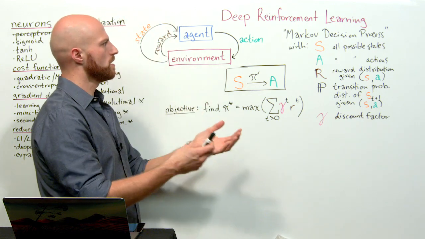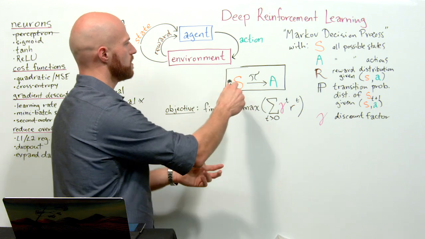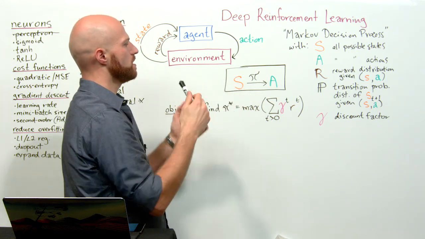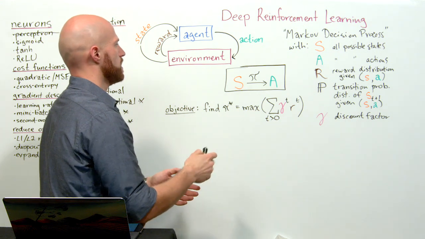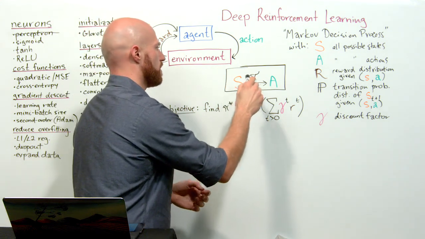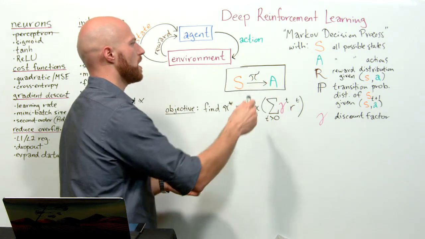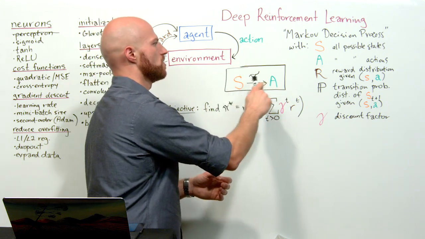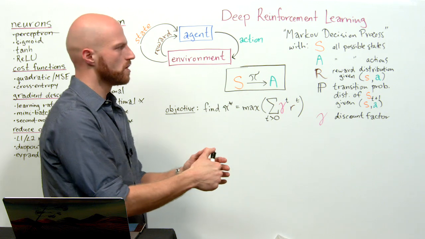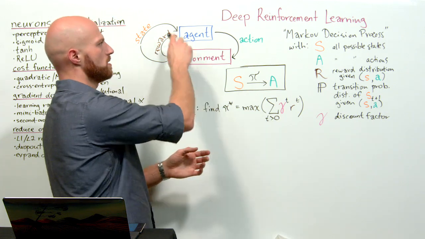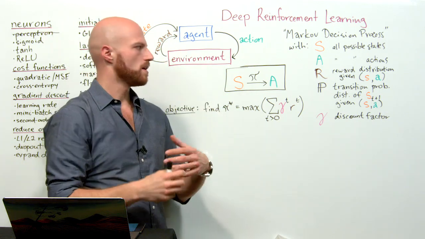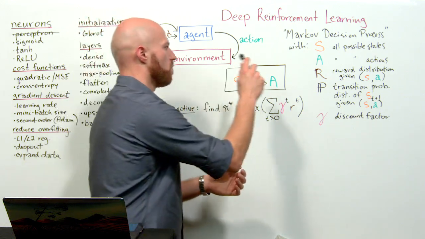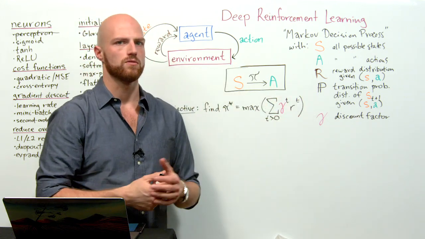So given any set of states, our goal here is to identify a policy that maps our states to our actions. So given some states, we want to have this overall policy of what kinds of actions we should be taking in those states.